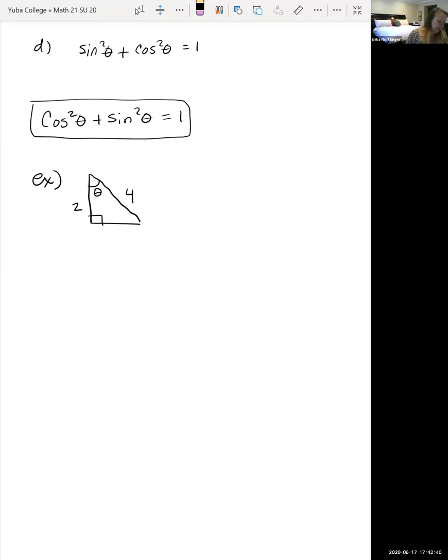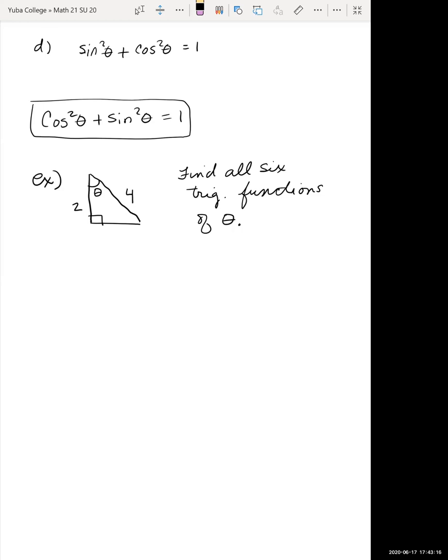This wants us to find all 6 trig functions of theta. The first thing you would have to do in order to find all 6 of these trig functions is find the length of the missing leg.